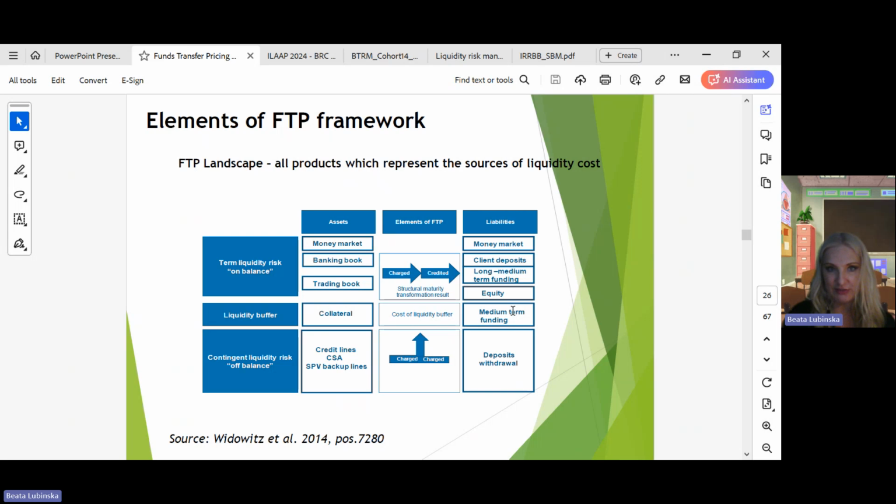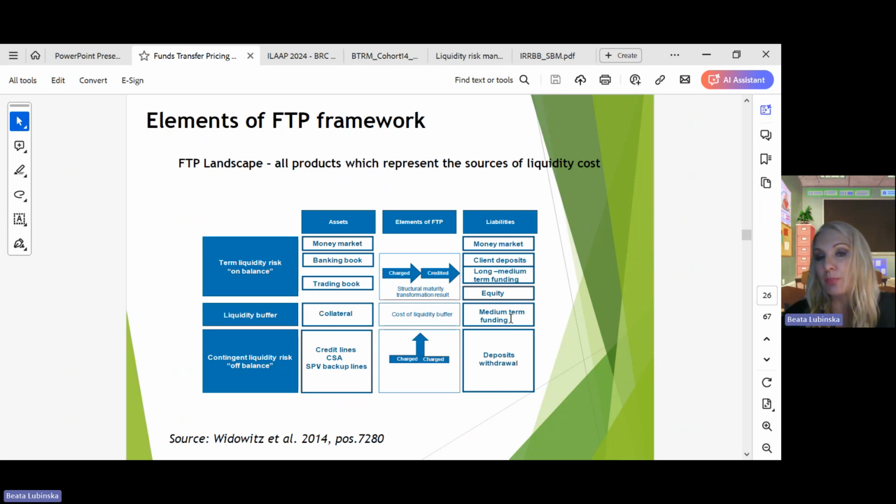Because if you have Treasury set up as a business unit, plus on top of this it is responsible for FTP, we already discussed that during session 2, it is not the optimal setup, because it can generate a conflict of interest, and could be challenged subsequently by the regulator.